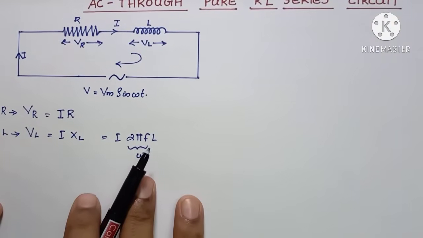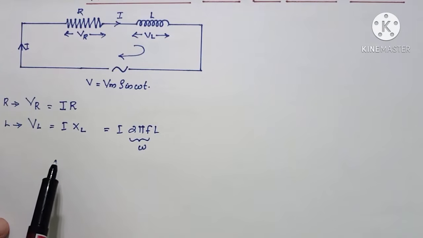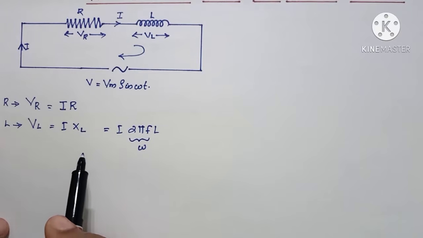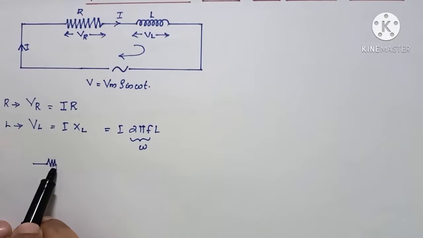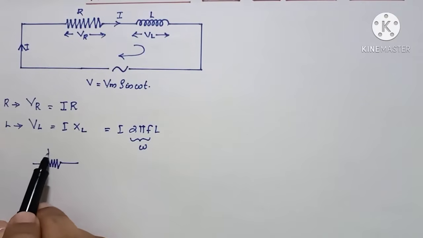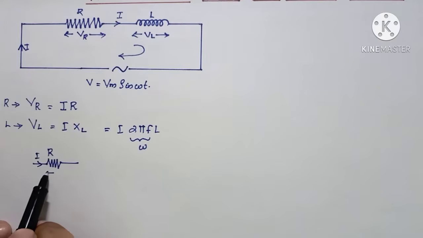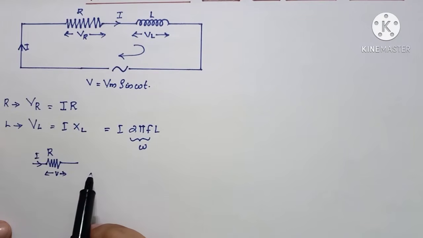We know that in the case of a pure resistance circuit, what will be the relation between current and voltage, or what will be the phase angle in that case? We know that in the case of a pure resistance, if R is the resistance and I is the current, and VR is the voltage drop across this, the current and voltage will always be in phase with each other.